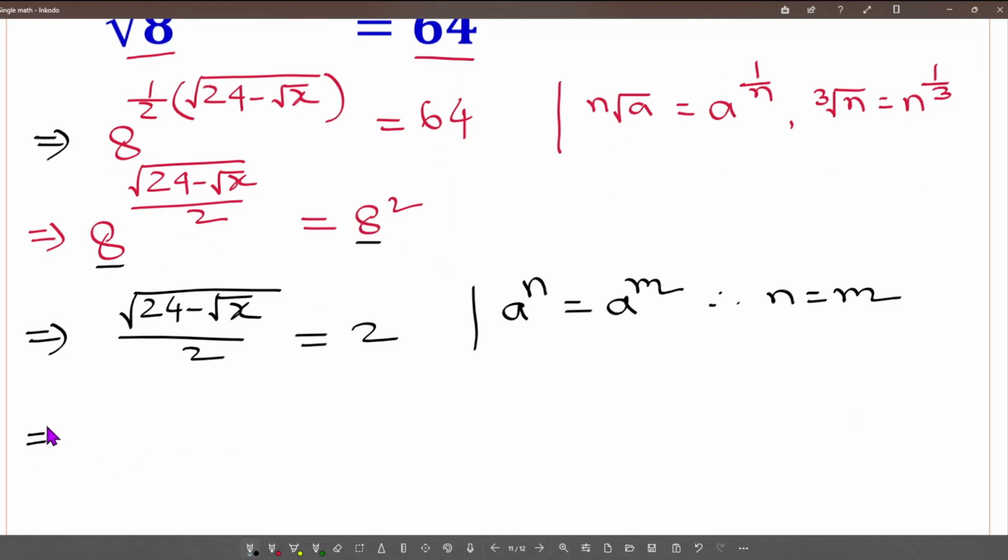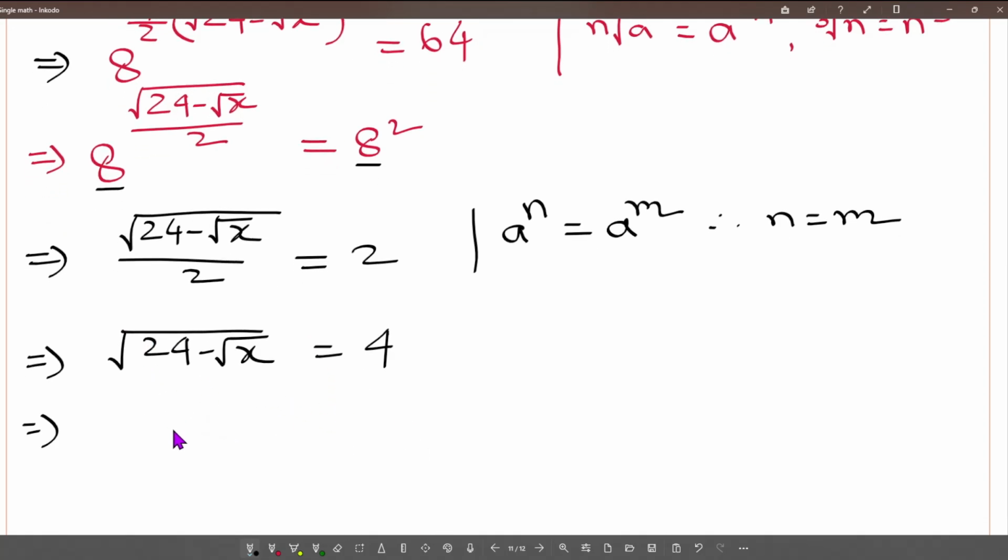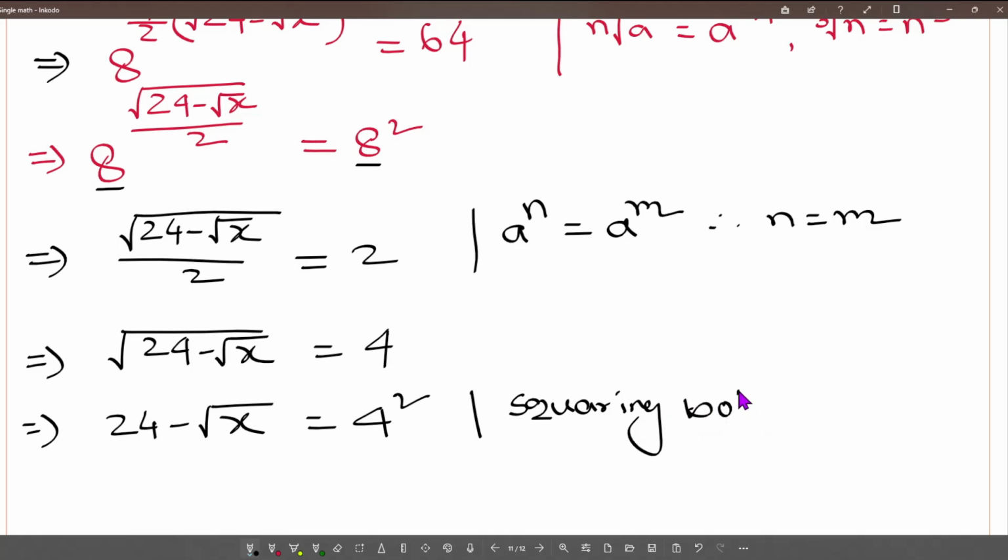Now we can make cross multiplication. So root 24 minus root x equals 4. Then what next? We want to omit this root sign, so we can square both sides. So 24 minus root x equals 4 square, squaring both sides.